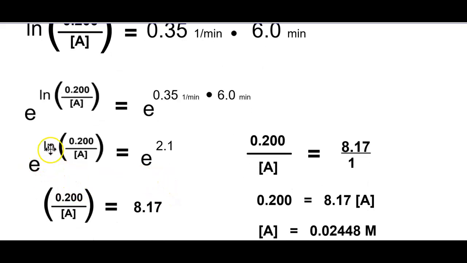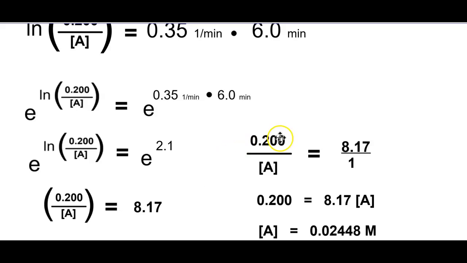When I e an ln, it's like I erase the e and the ln, and this just drops down. And this is a numeric value because I punched this into my calculator. It should be the second function of your ln button. So look at your calculators and find the e to the x button, or the second function of your ln button. When I e the 2.1, I got 8.17.